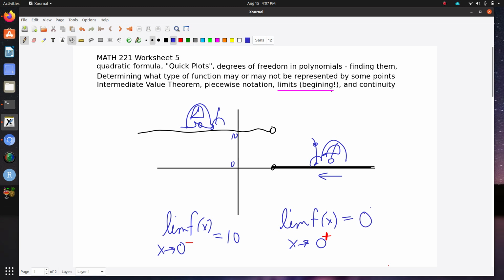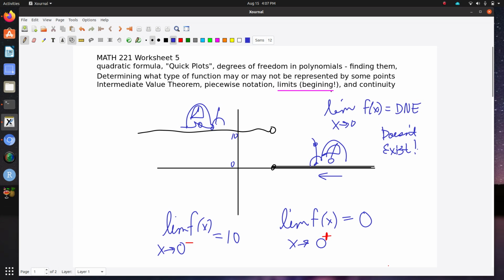These guys are unequal. So if we ask for the limit as x goes to 0 of f of x, we're going to say DNE. Capital D, capital N, capital E is a standard abbreviation that means does not exist. Okay?